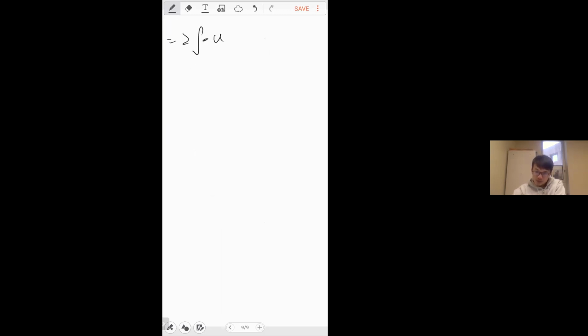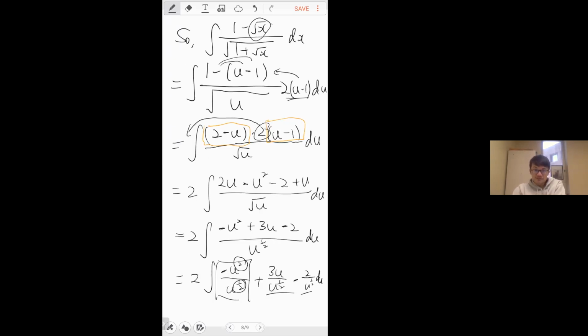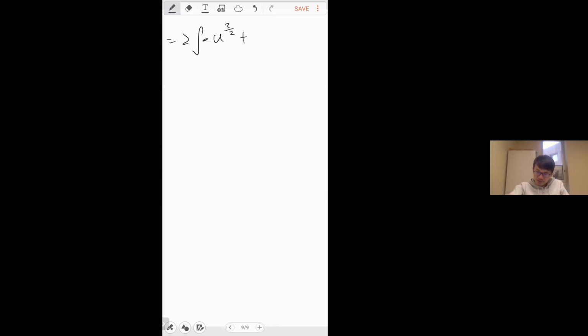Three halves. So negative u to the 3/2. Second term, what is 3u divided by u to the 1/2? Yep, so 3 times u to the 1/2.